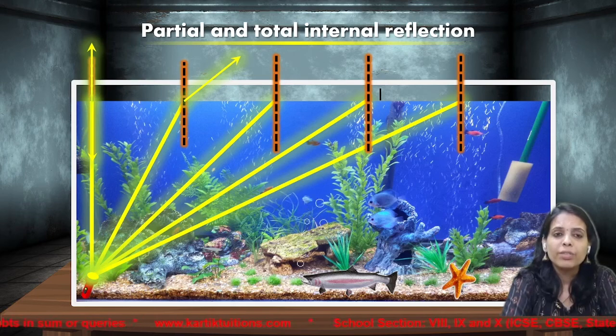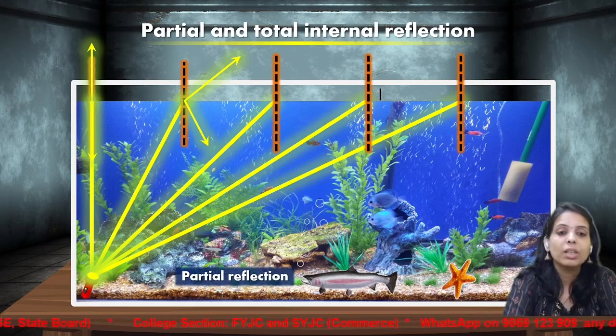But whenever light moves from one medium to another, some part of light always gets reflected. So this phenomenon is termed as partial reflection.